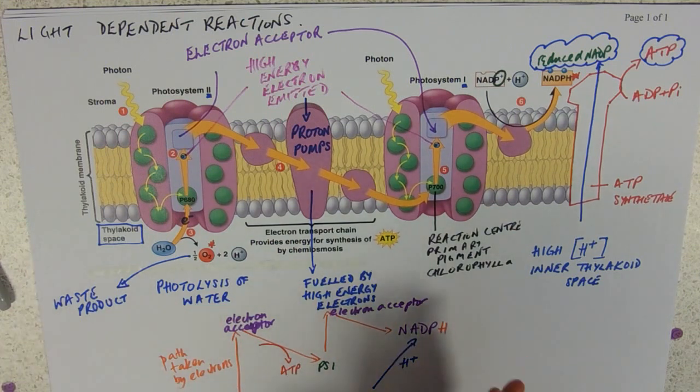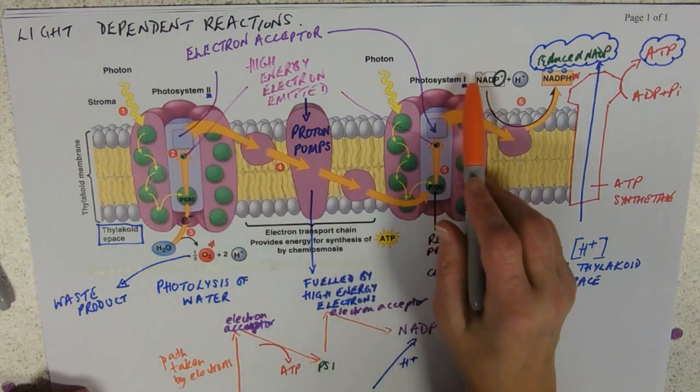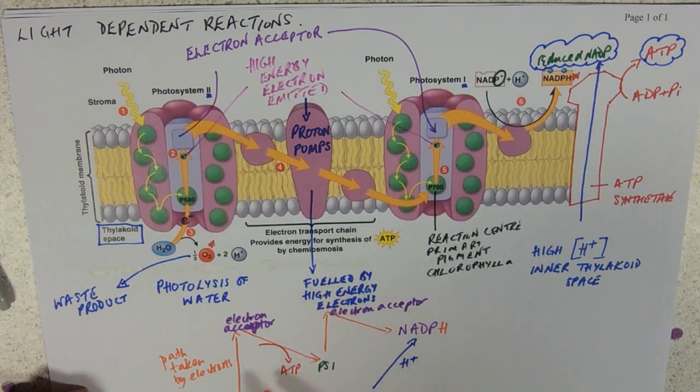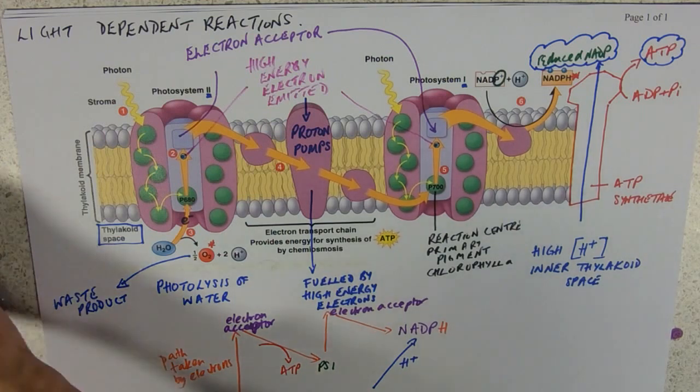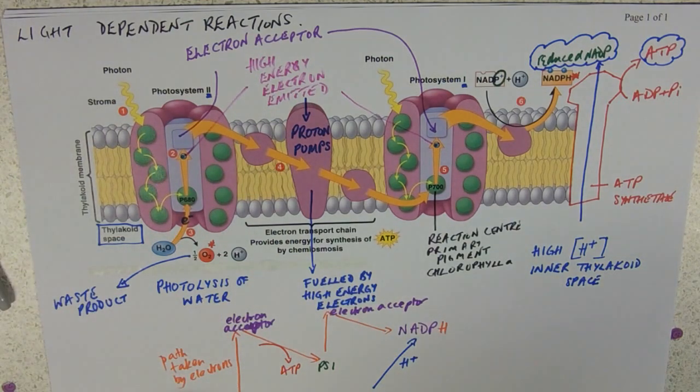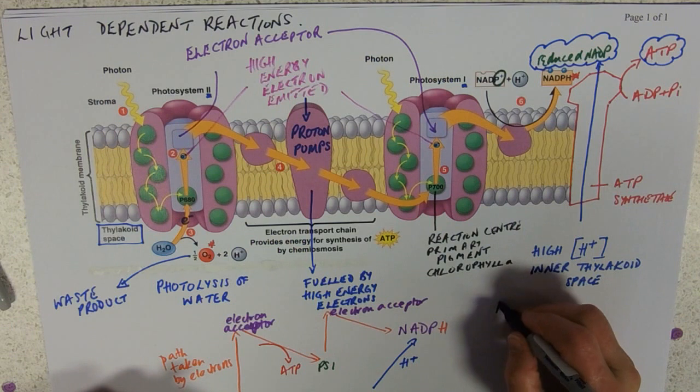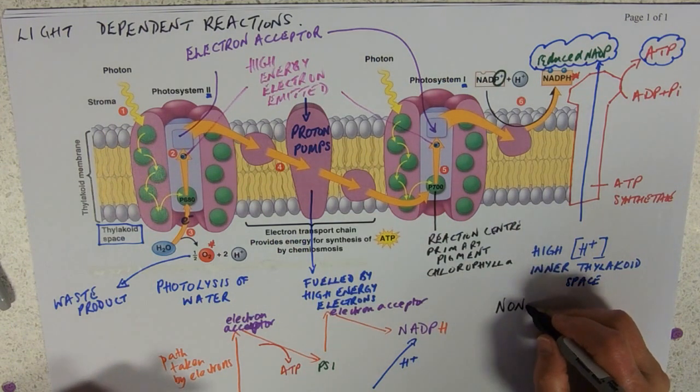And the reason that you'll often see this is because there isn't just this idea of going in a straight line along from photosystem II to photosystem I and from photosystem I to NADPH. That system is called non-cyclic, meaning it doesn't go in a circle.